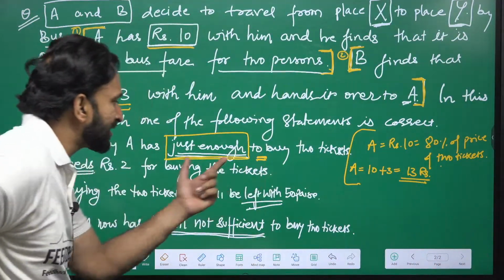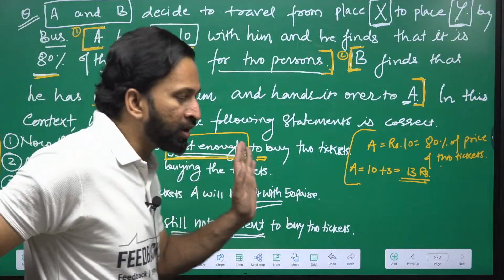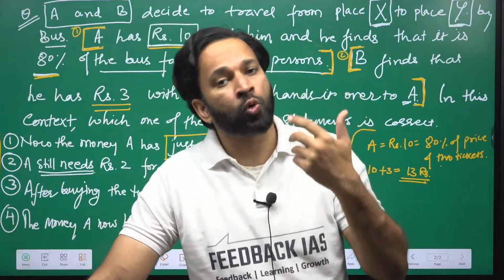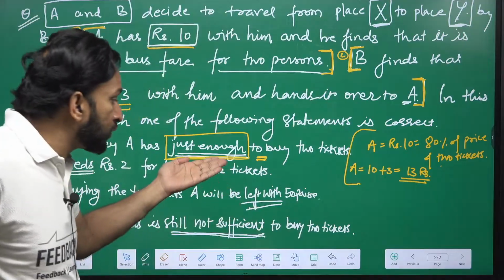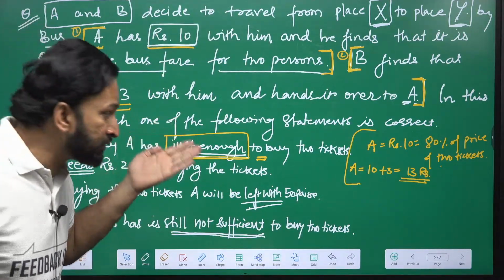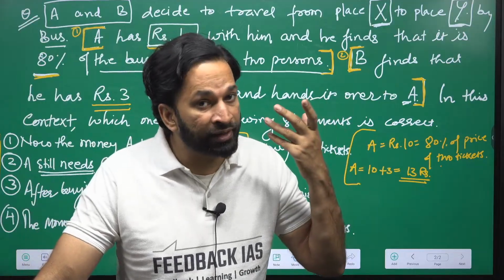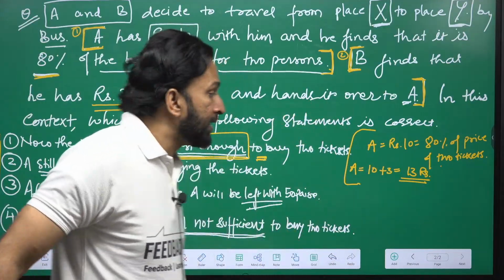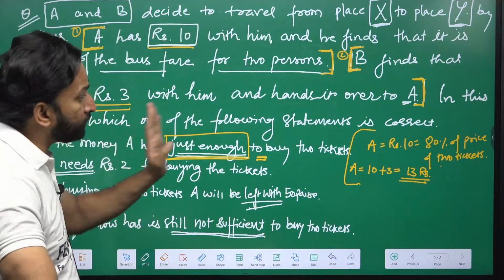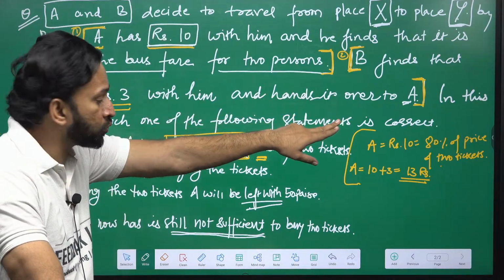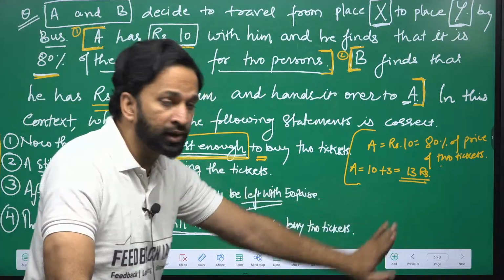If you are not deciphering these keywords, you may make wrong assumptions. Deciphering will give you the correct assumption, which is based on facts, which is based on data that is true. So here, after B hands over 3 rupees, A has now rupees 13.